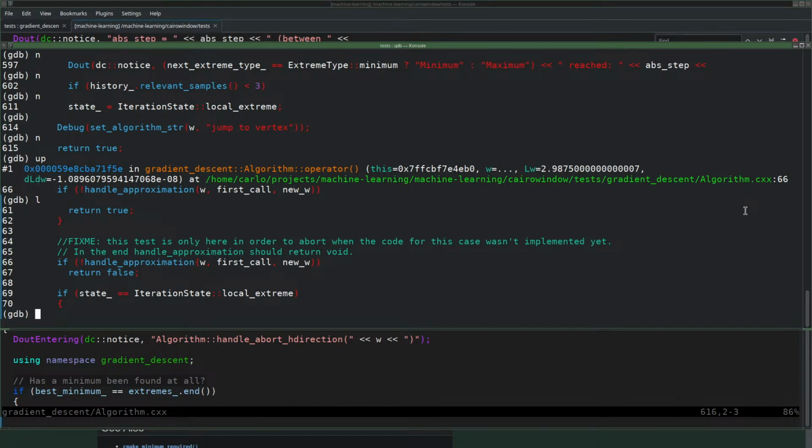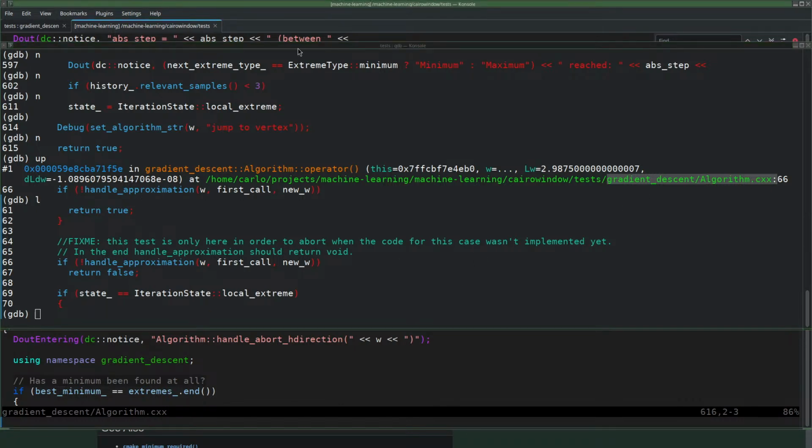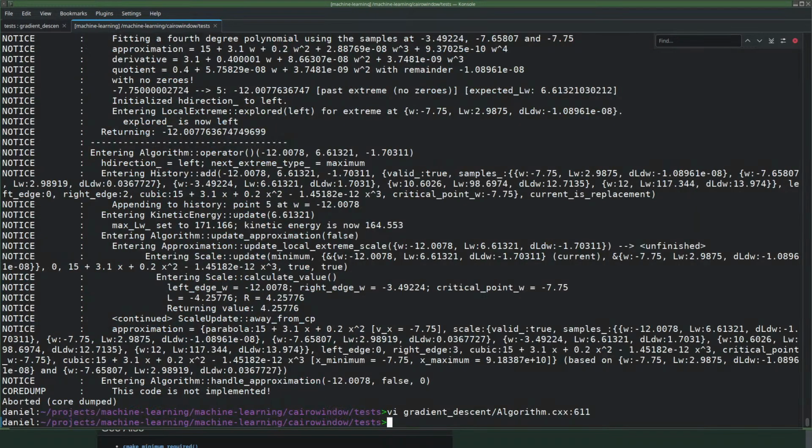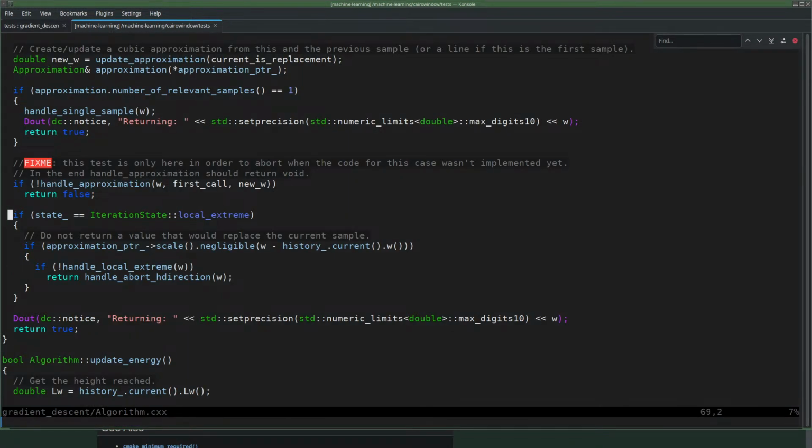So that is this line 69. It says do not return a value that would replace the current sample.